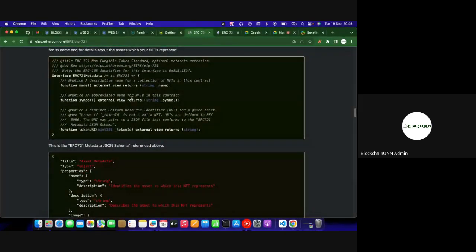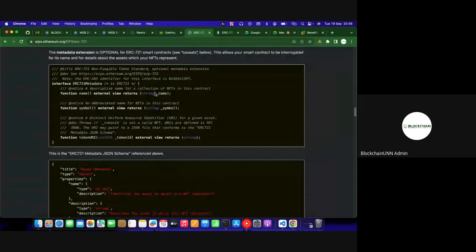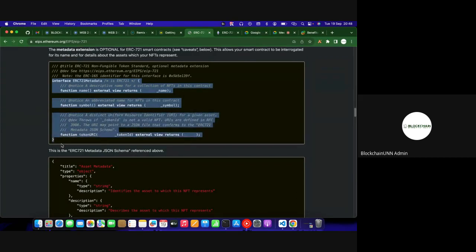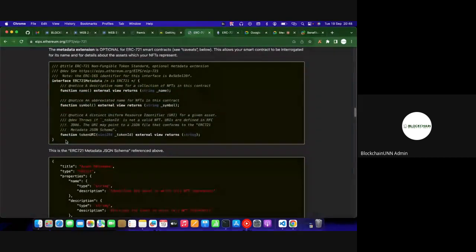So this particular part is similar to what you have for your ERC20 tokens. The metadata is what you can use to identify your NFT, what you can use to identify your NFT contract.